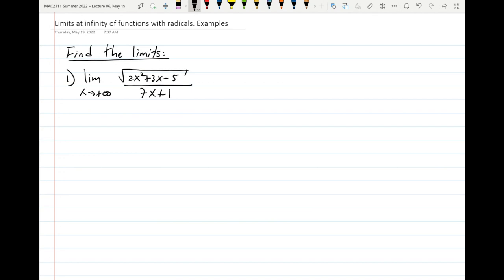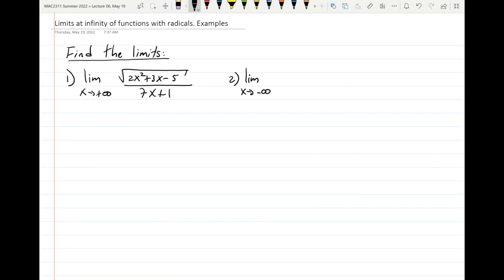Notice that it has the appearance of a rational function, but it's not because of that square root that we have in the top. If we didn't have the square root in the top, yes, it would be a rational function. But we deal with this in a similar way. It's just that there are some little details that we need to discuss now. That's why I'm doing this.